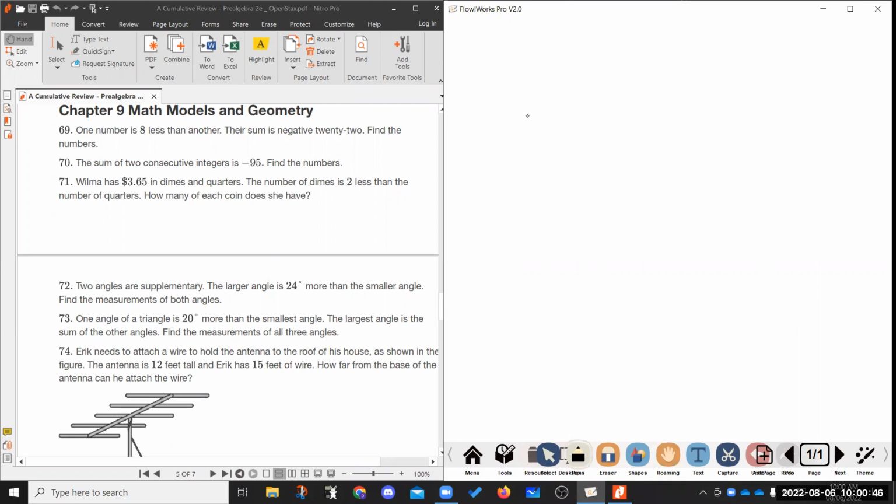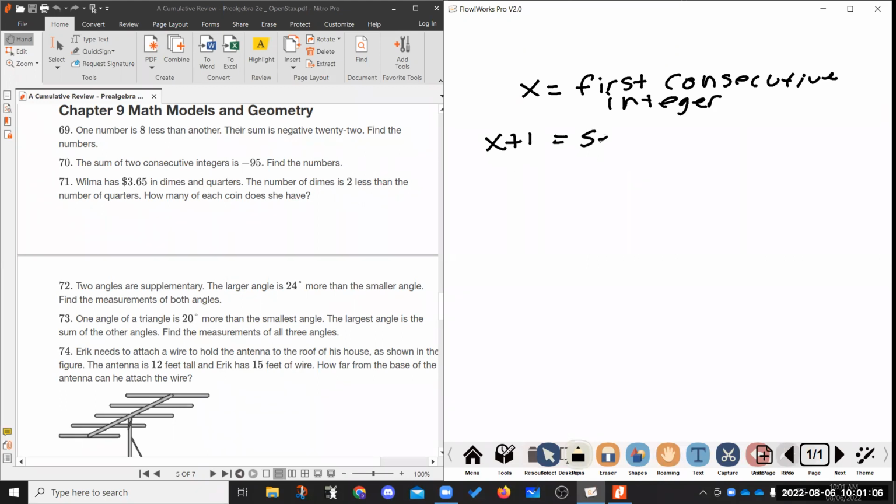Number 70, the sum of two consecutive integers. So if x is equal to the first consecutive integer, x plus 1 is going to be equal to the second consecutive integer. And that's because all consecutive integers have a distance of 1 away from each other.